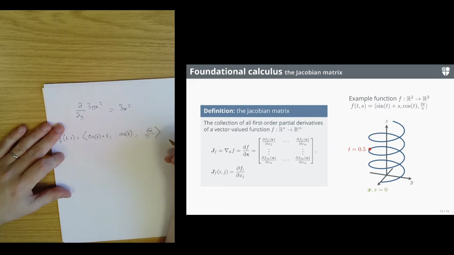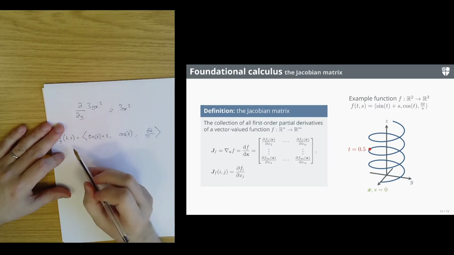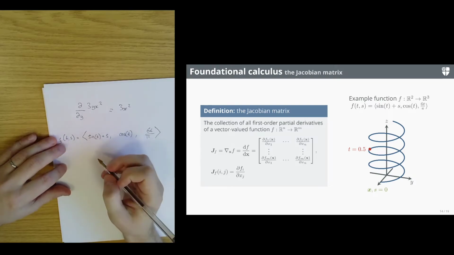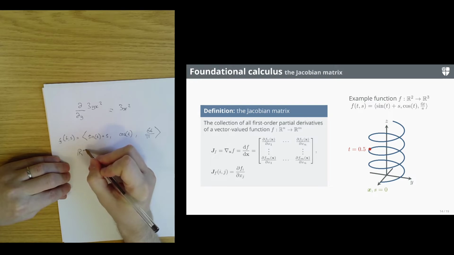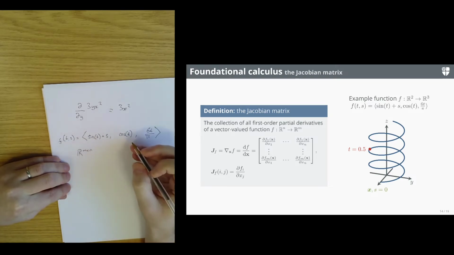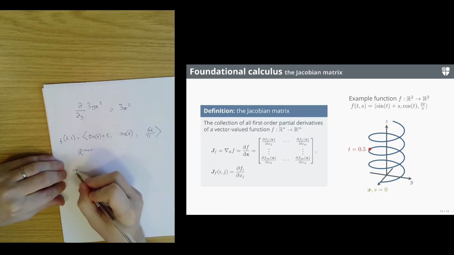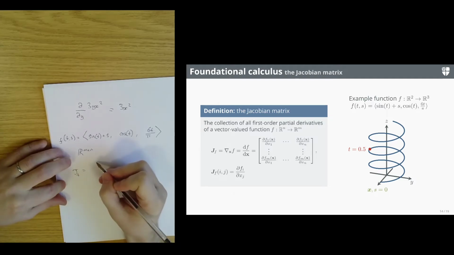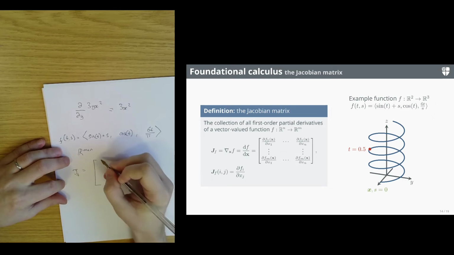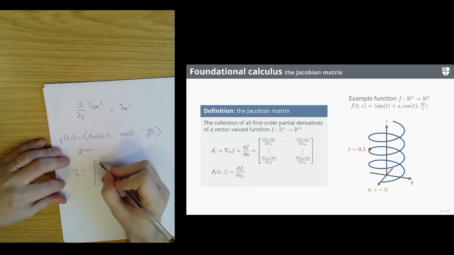We want to calculate the Jacobian of this with respect to t and s. So we said it's an m by n matrix, where the Jacobian of this function is equal to, let's give ourselves some space, so let's write out all the partials.